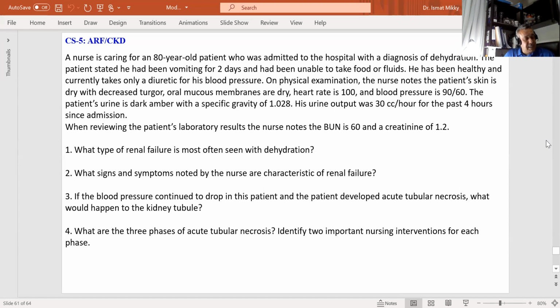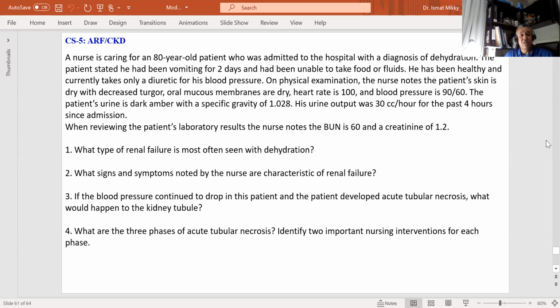Now, in this case scenario, the clinical manifestations of the client are a history of vomiting with a decreased intake of food and fluids. Also, the patient is on a diuretic, which will increase sodium and water loss.